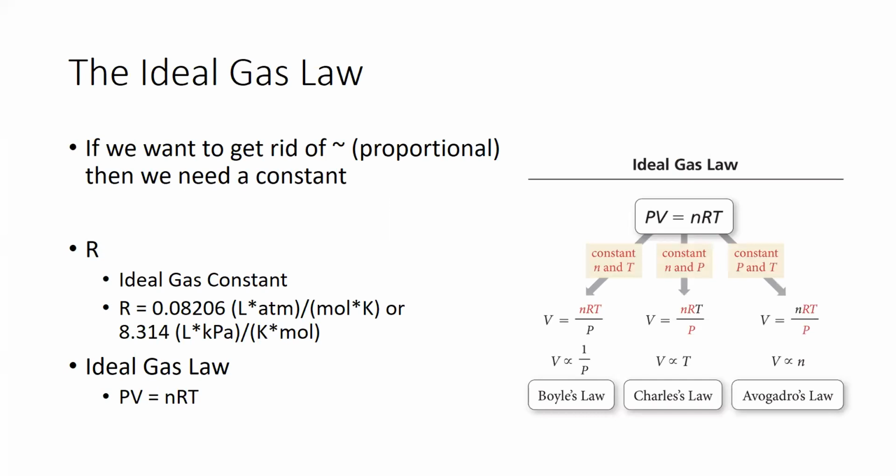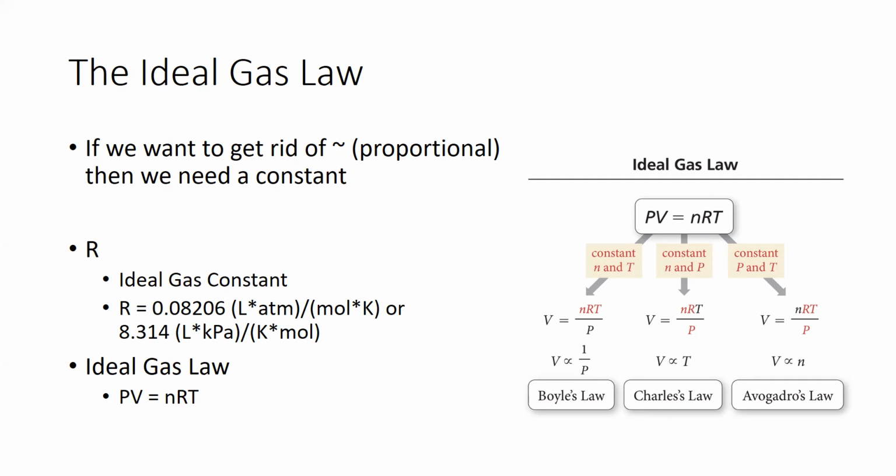Right, so we talked about the ideal gas law, PV equals nRT, and this is a combination of the laws we talked about on Wednesday: Charles' law, Boyle's law, Avogadro's law. We can combine that into one simple equation that is used in general chemistry and chemistry in general when talking about gases.